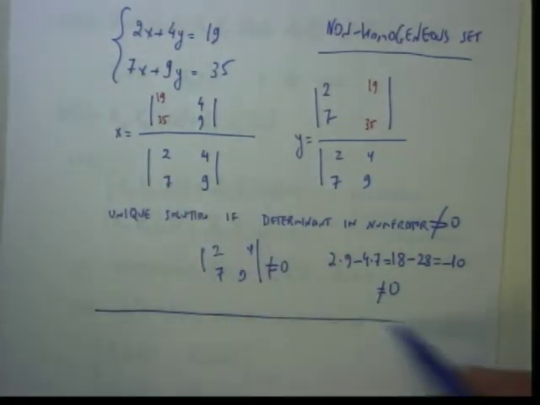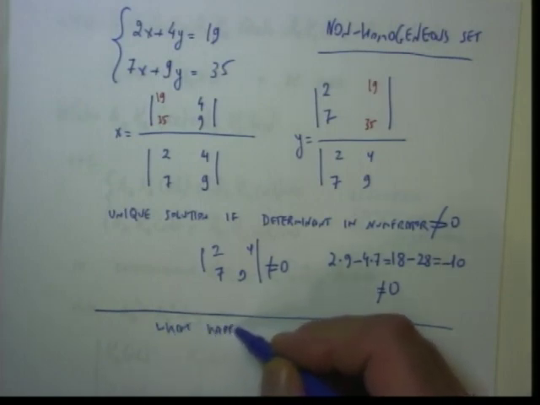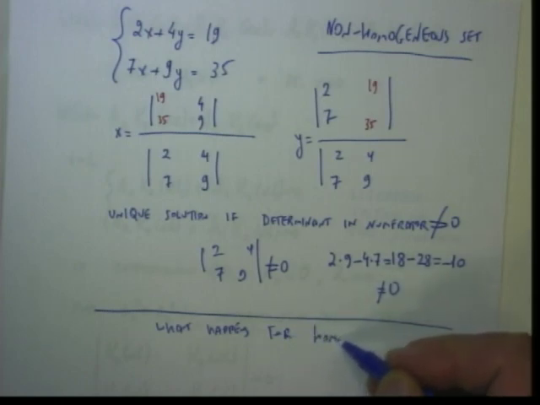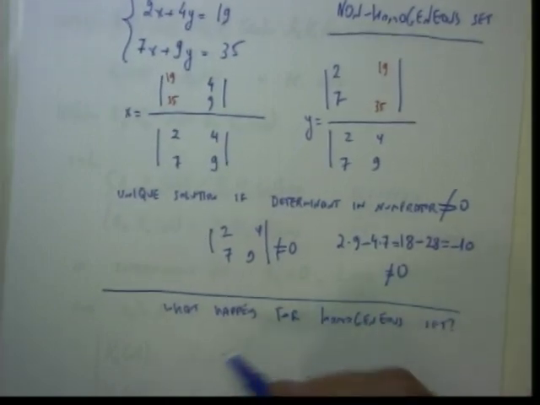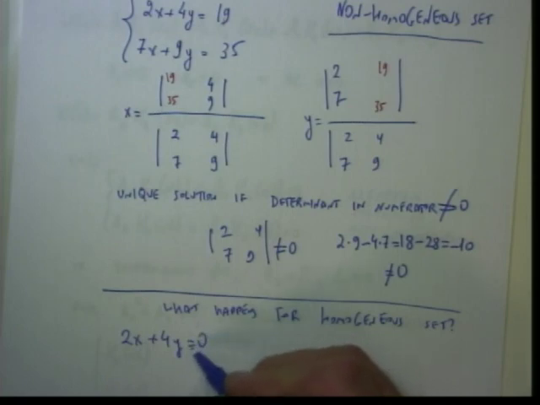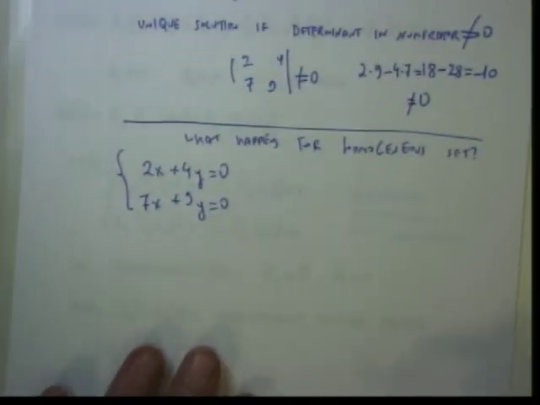Now what happens for a homogeneous set? Let us write 2x plus 4y equals 0, 7x plus 9y equals 0. It's very easy.